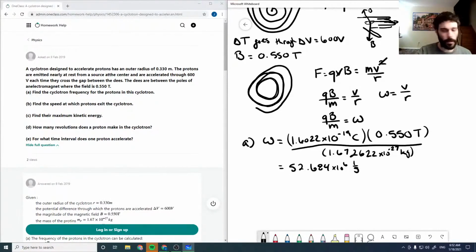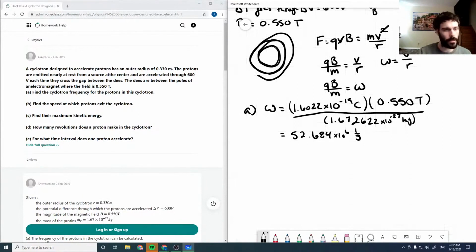Find the speed at which the protons exit the cyclotron. So V is omega R. So omega is not going to change as it goes around and around.